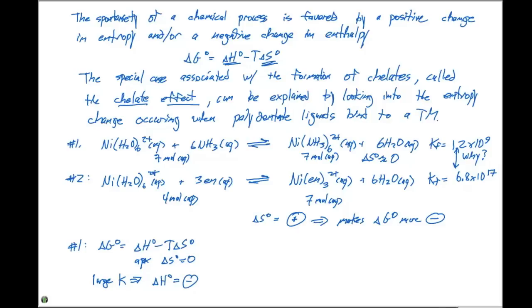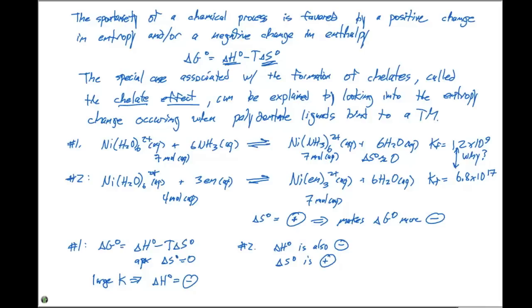In reaction number 2, we see a huge increase of that formation constant. So what that also tells us is that the delta H naught is also negative. And we also know that the delta S naught is going to be positive.